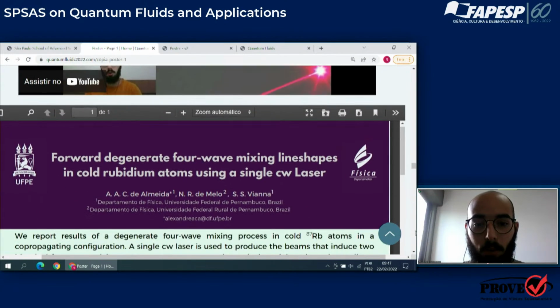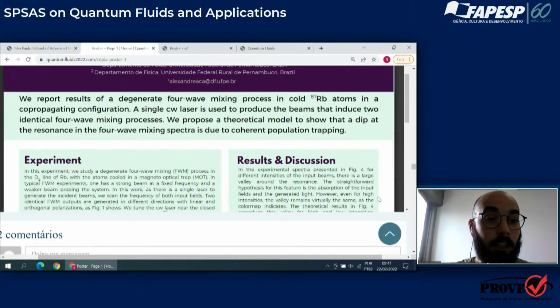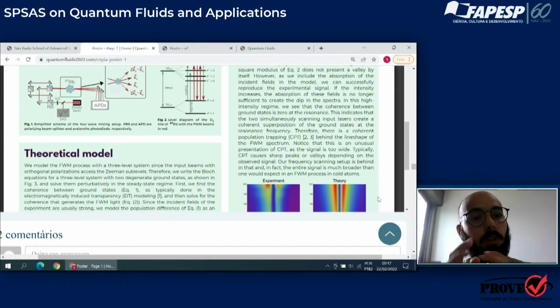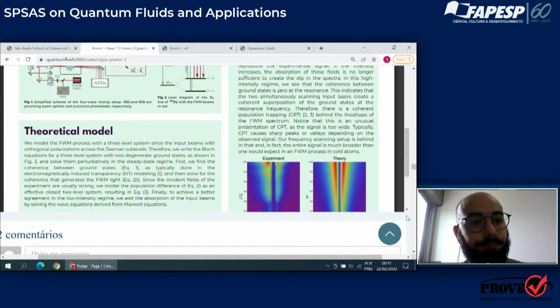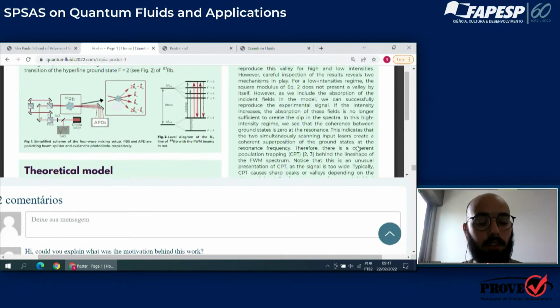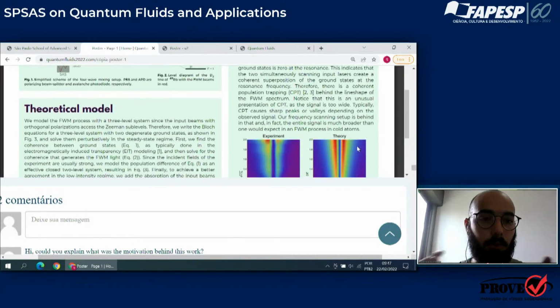The main idea, which already answers the first question in the chat, was to look for correlations between these signals. We wanted to generate the two four-wave mixing signals and look for time correlations between them.